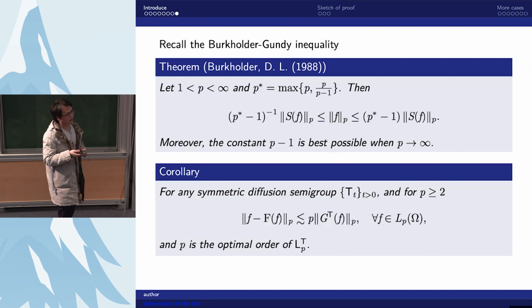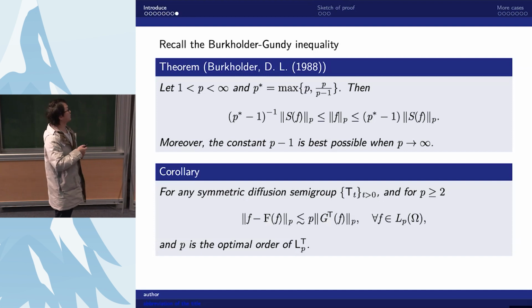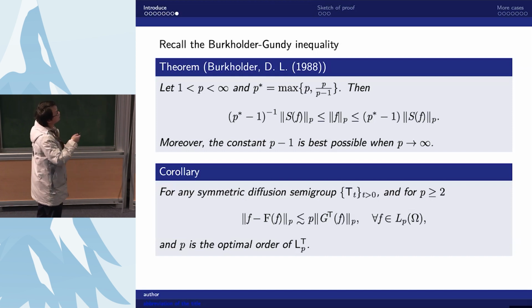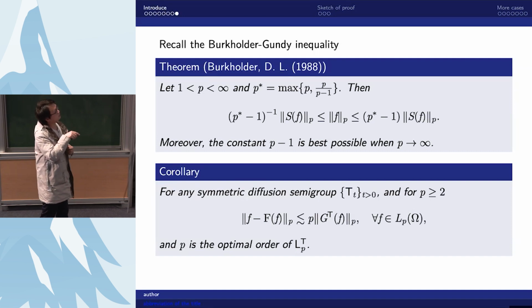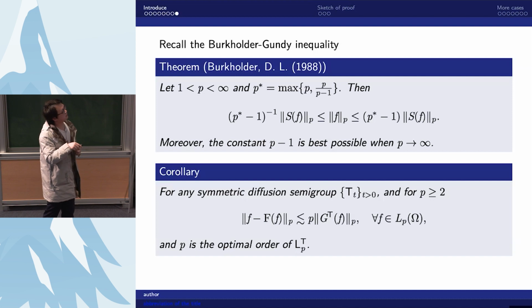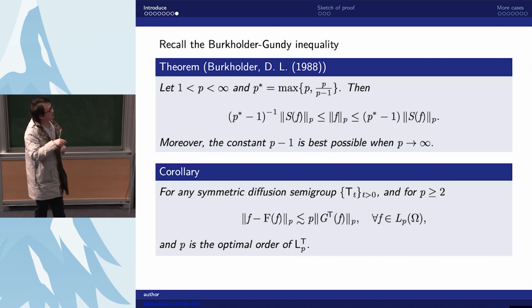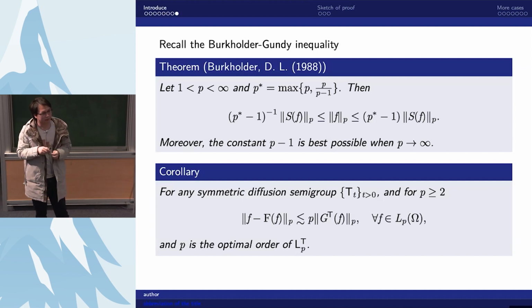So it's an immediate corollary that for any diffusion semigroup T_t, and for P bigger than 2, we have the LP norm of f minus its projection is less than P times the LP norm of the Littlewood-Paley G-function, and P is the optimal order of LPT.